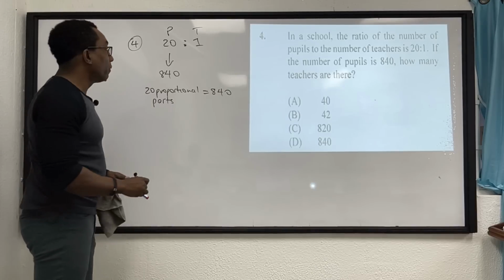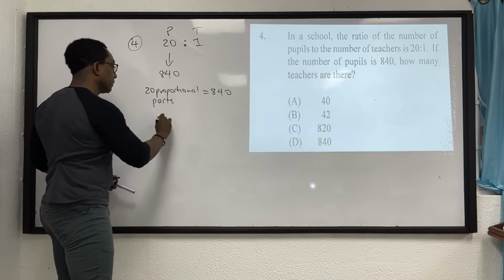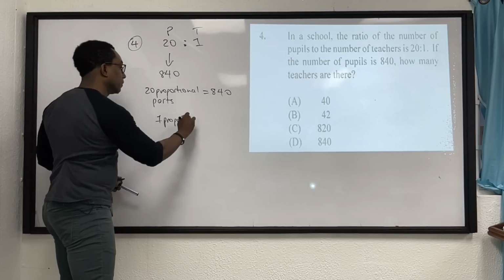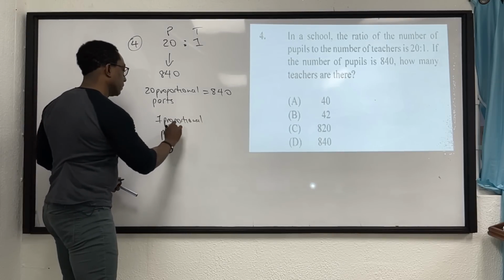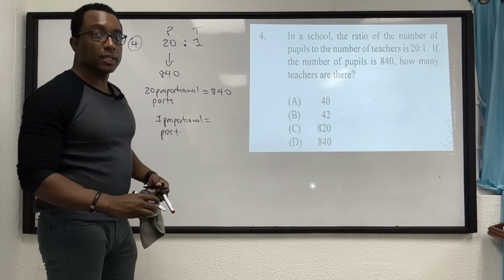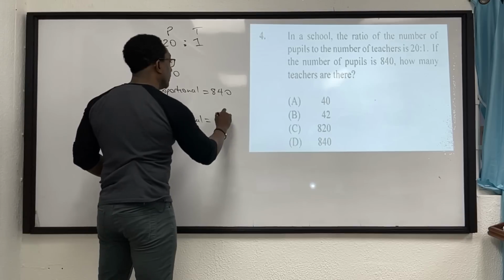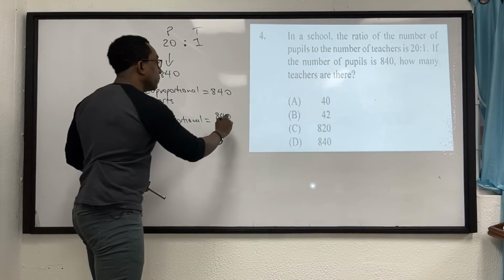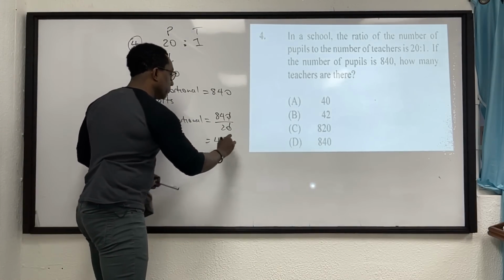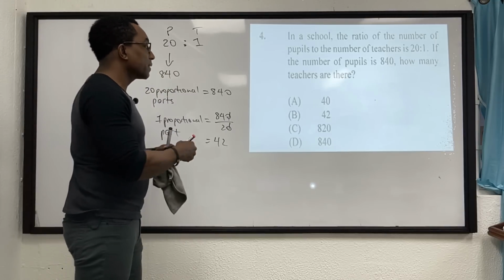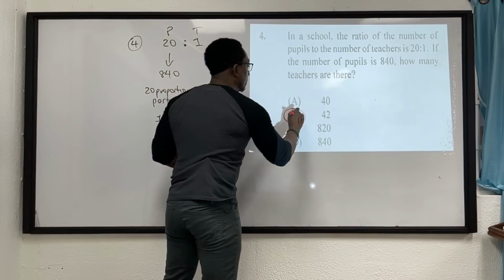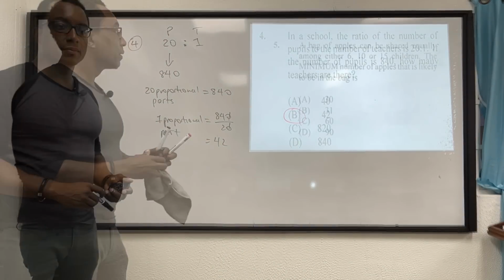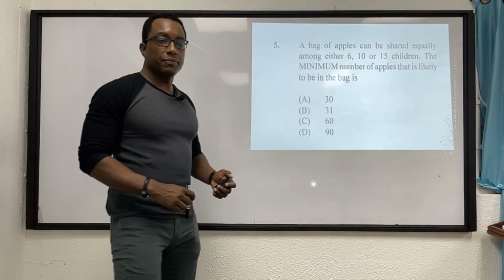We can find for 1 proportional part, which will represent teachers, and that will be found by dividing 840 by 20, and 840 divided by 20 will give us 42, whose answer there is B. Let's look at question 5.